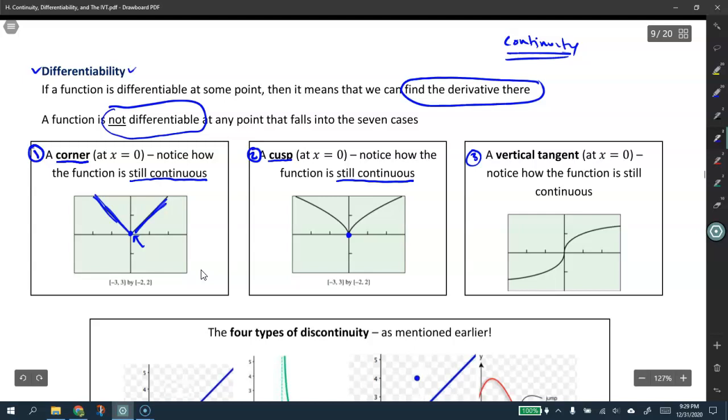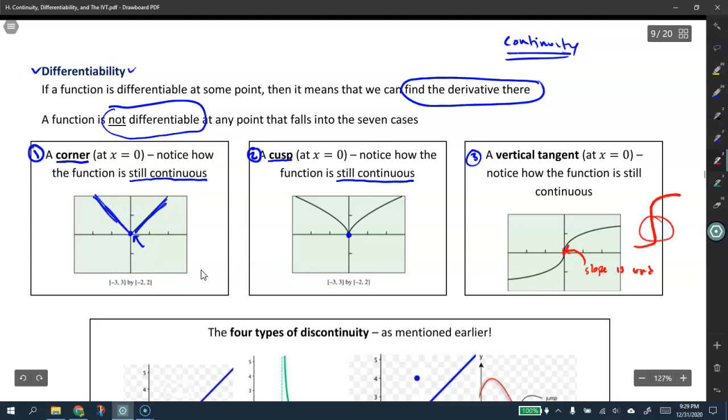And finally, number 3 is a vertical tangent. In a vertical tangent, right over here at x equals 0, just for a moment in time, the slope actually becomes undefined, because it shoots literally up like that.